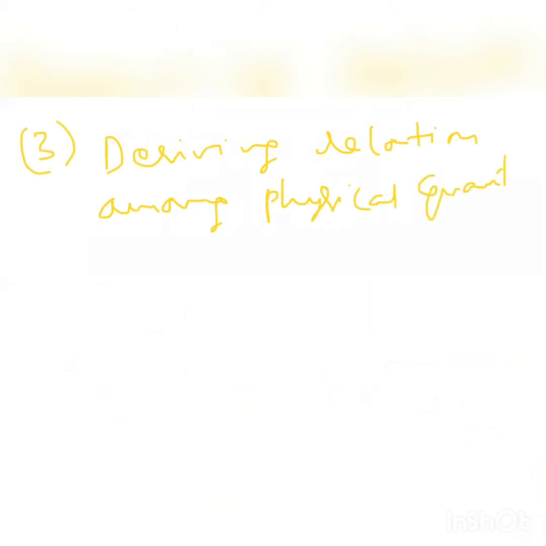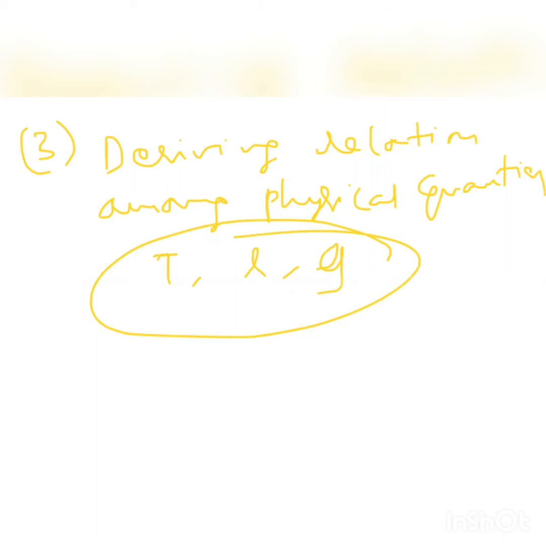To derive the relation between physical quantities, suppose they have given time period, length, and g. And they ask what is the relation between these three quantities. We can write the relation as T is proportional to root over L by g. We can derive this.